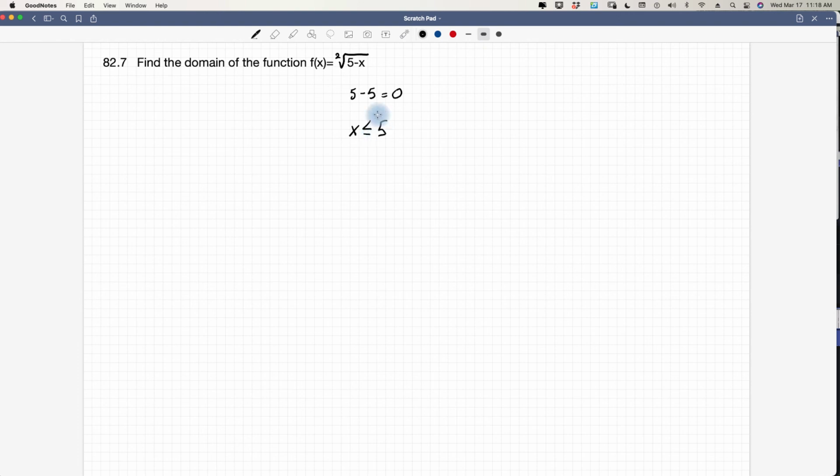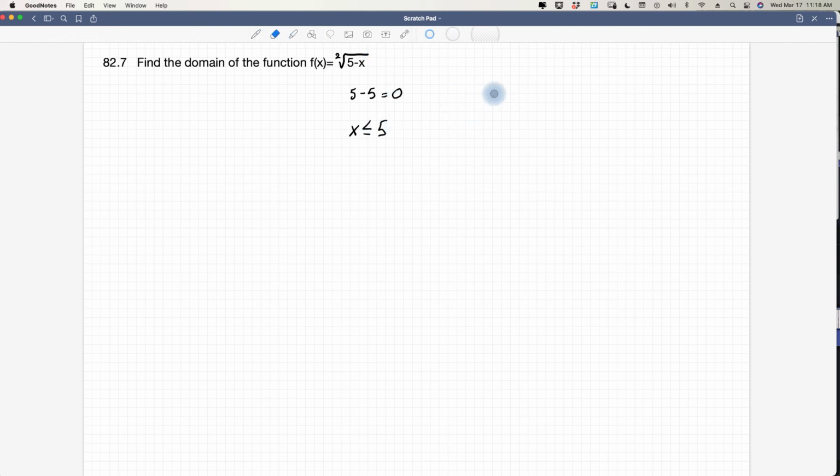Let's test that out. What if it's a negative 5? Well, 5 minus a negative 5, that's going to be 10, because the negative will cancel out this negative. Negative 1 times negative 5 is going to be 5, plus 5 equals 10, right? So yeah, that works. That proves true. So this is correct.